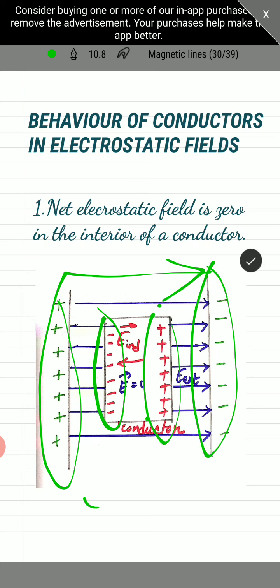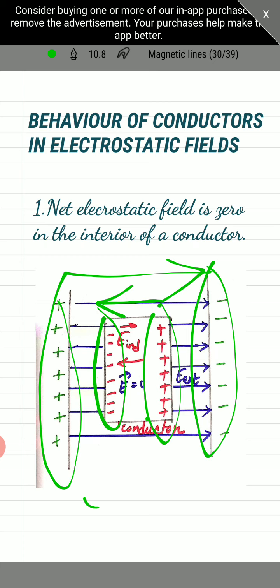These positive charges will get induced on the right side, and due to the accumulation of charges, an internal field or the induced field will get set up inside the conductor, which is denoted by E_IND, that is induced electric field. And the accumulation of charges will take place till the external electric field becomes equal to the internal field.